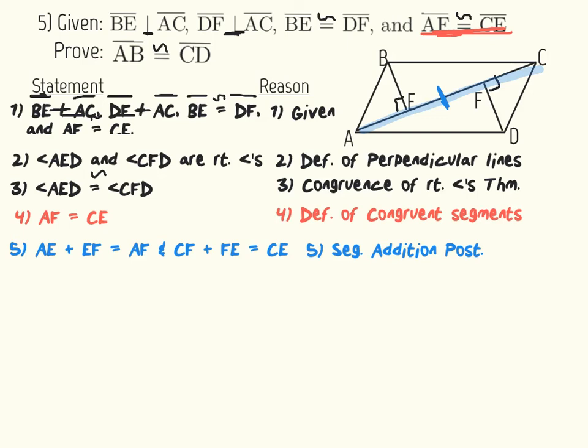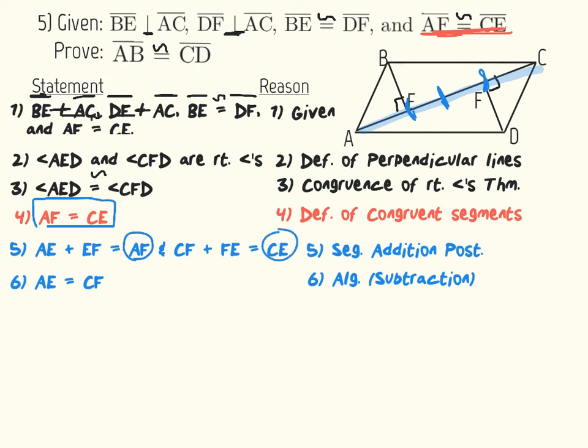Okay, now from there, what I'm going to look at is I'm going to subtract things off that are in common, which, as I just said, would be this segment right here. So I'm going to subtract that off and see what I'm left with. I do that because I know that AF is equal to CE. So I know that is equal to this, so I set them equal to each other and subtract.